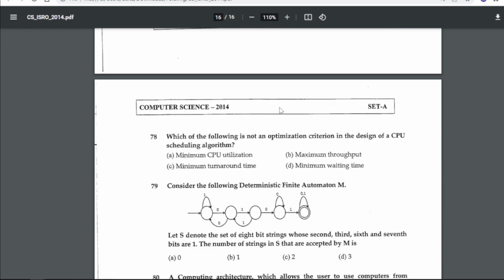Now question number 78 is, which of the following is not an optimization criterion in the design of a CPU scheduling algorithm? So for 78, our answer will be A, that is minimum CPU utilization, right? So minimum CPU utilization is not an optimization criterion, because normally you can see that the CPU is there to provide maximum utilization so that the performance will increase, right?